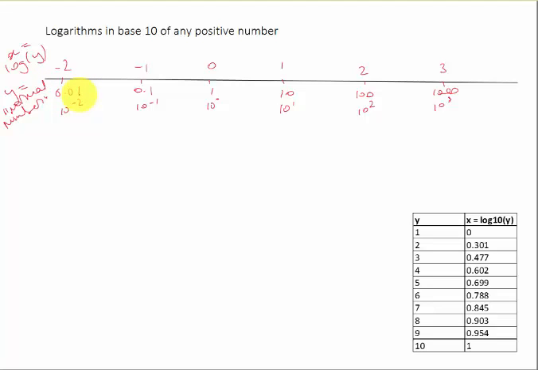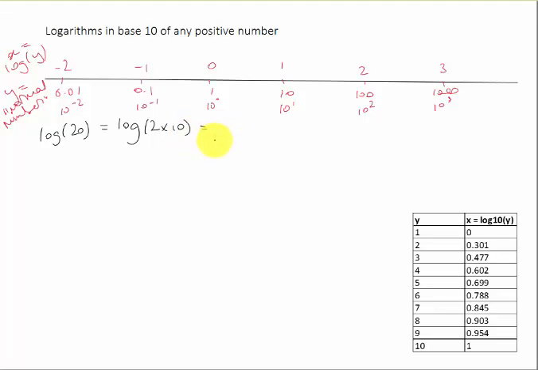Right, so we're going to fill in some of these gaps. So this is logarithms in base 10, of course. So how about if we got the logarithm of 20? Just using the strategies from elsewhere, logarithm of 20 is logarithm of 2 times 10.